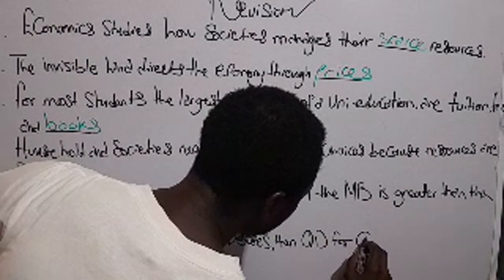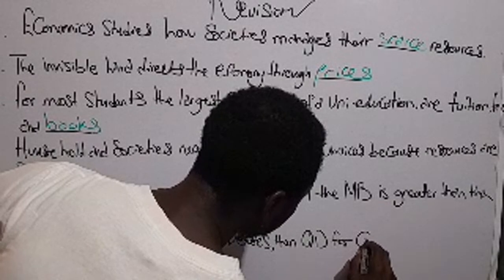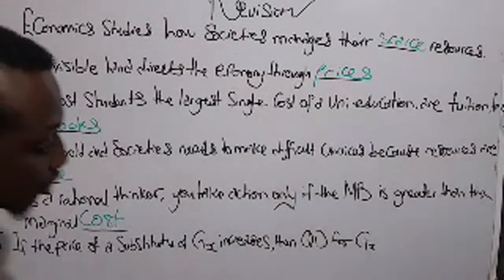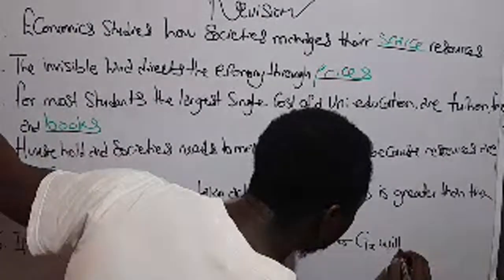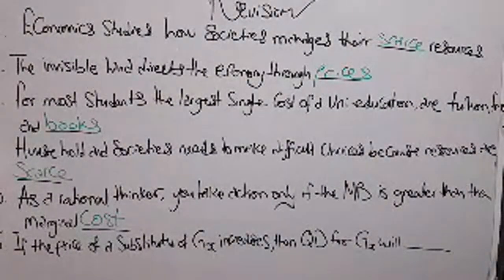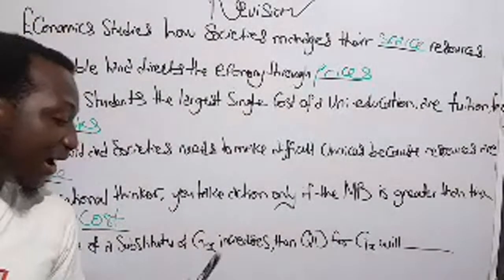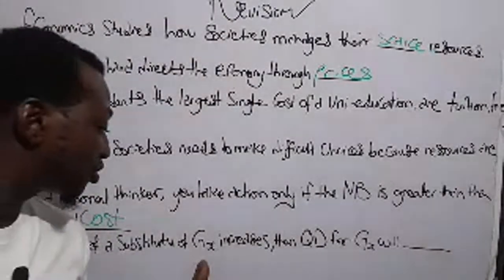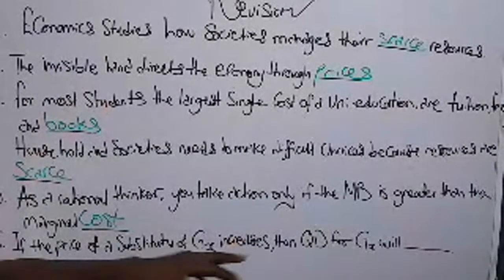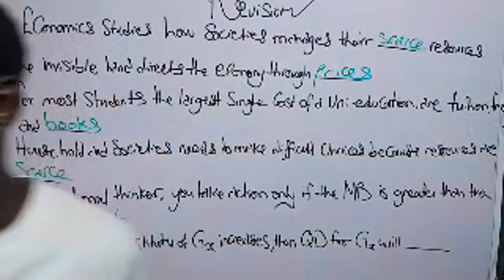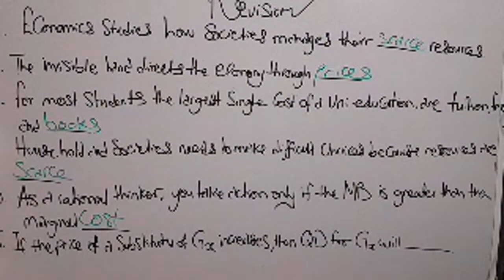If the substitute good for good X increases in price, then what will happen to the quantity demanded of good X itself?